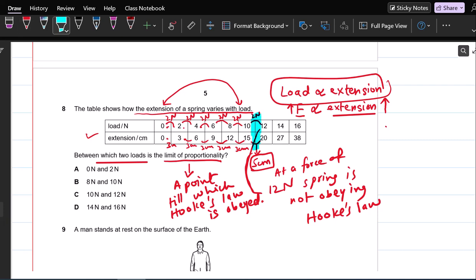Between these, the limit of proportionality is occurring. So C is the right option, between 10 and 12, because up to here they are following Hooke's law. So at point C, the limit of proportionality is going to be.